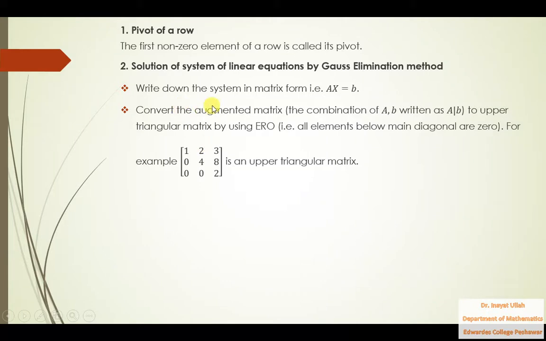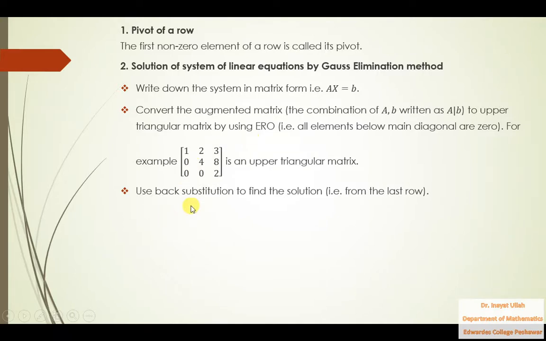Anyways, we will take the augmented matrix and convert it to this form, so that below the main diagonal all the elements are 0, and these elements will become 0 by using elementary row operations.